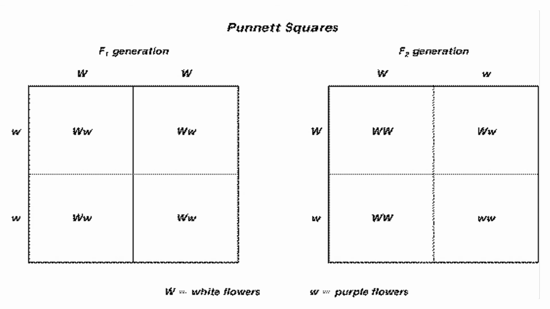The first Punnett square represents the F1 generation, and the second Punnett square represents the F2 generation. The big letter W means the white flowers, and the small letter w means the purple flowers. We will encounter questions about this on our next slide.